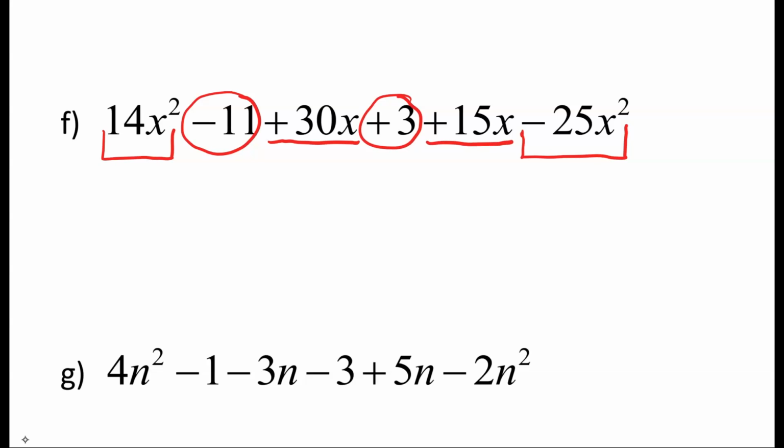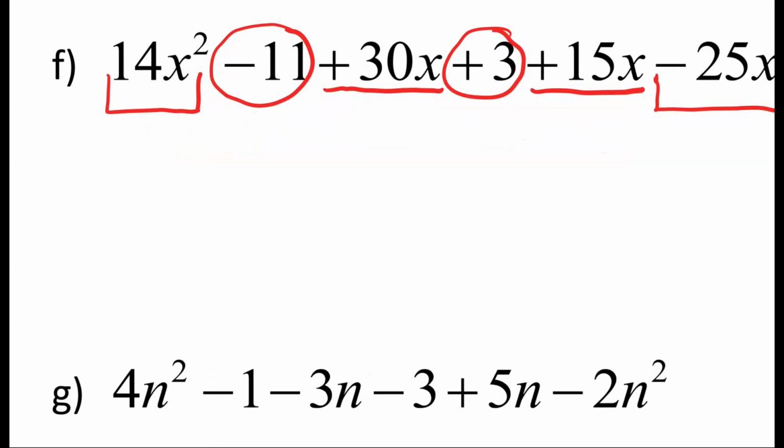Remember, when we're putting these down, we have to put them down according to standard form. So we want to go numerically from highest to lowest, and we want to go alphabetically, so from A all the way to Z. Now we only have the variable x in here, so that means we're going to be going numerically with highest to lowest for the exponents. So meaning we have x squared that has to be first.